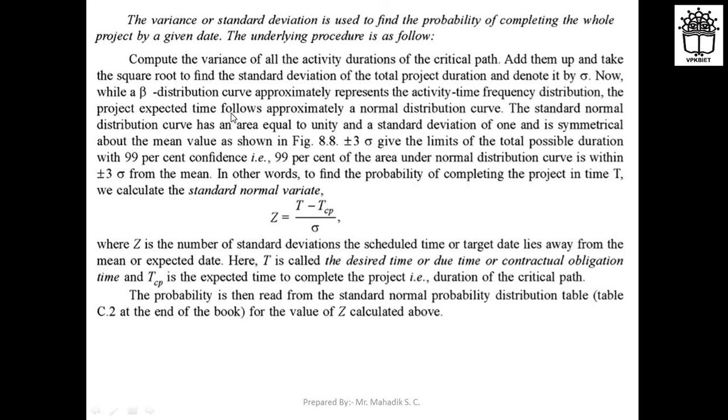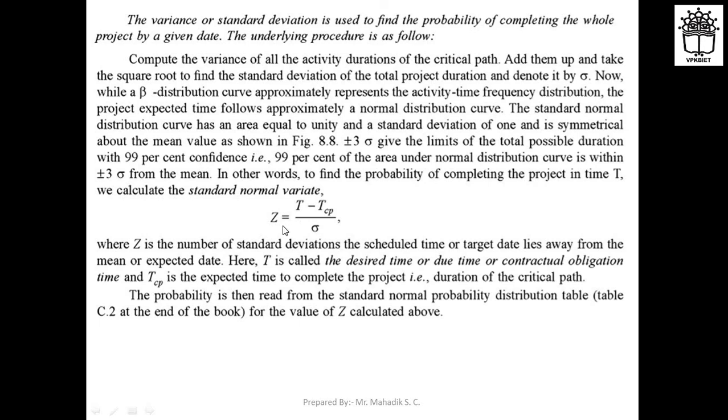Now while the beta distribution curve approximately represents the activity time frequency distribution, the project expected time follows approximately a normal distribution curve. The standard normal distribution curve has an area equal to unity and a standard deviation of 1 and is symmetrical about the mean.